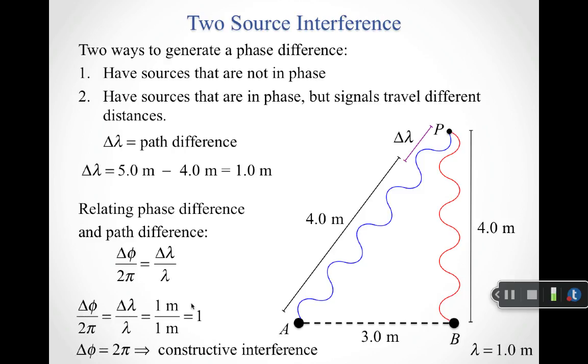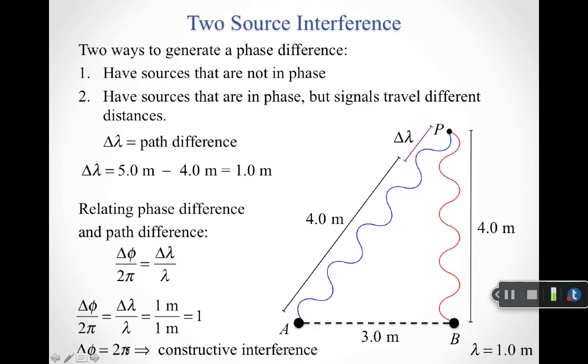So in this case, given that my wavelength is 1 meter, my path difference is 1 meter. So when I look at this ratio here, it's just 1 meter over 1 meter, which is 1. So the phase difference, to get that, I just need to multiply this value times 2 pi. In this case, that gives me 2 pi.